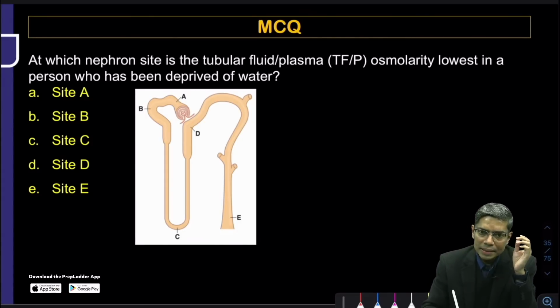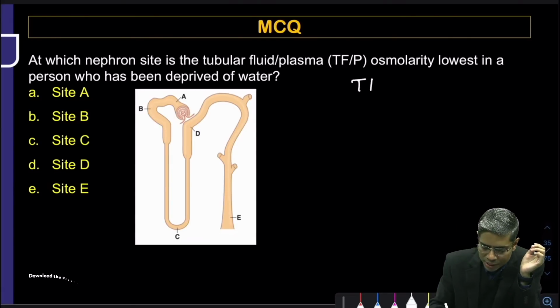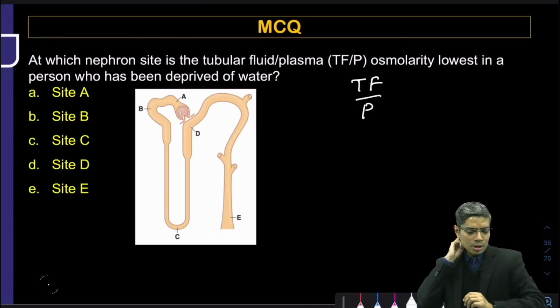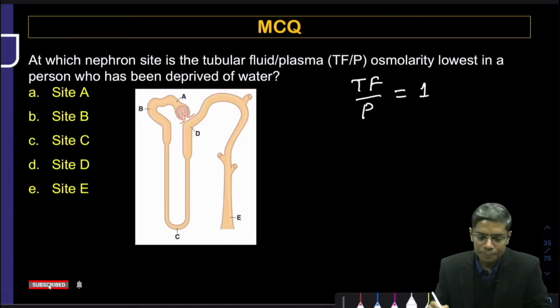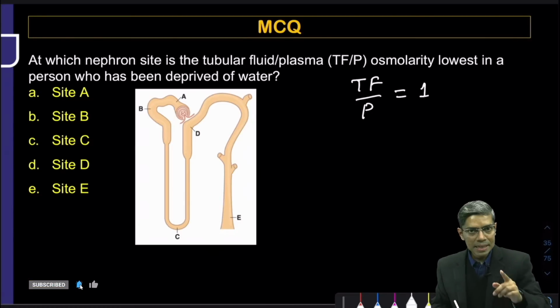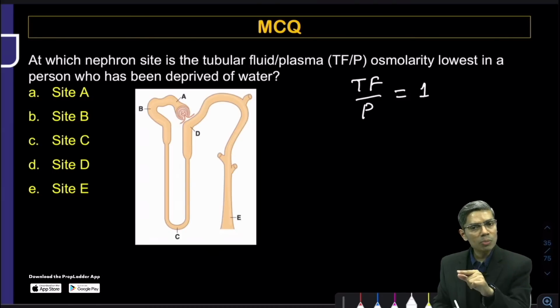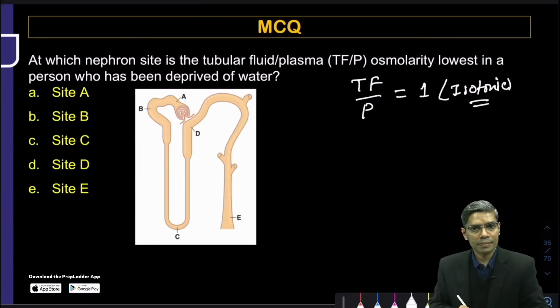So now in this question, what do you mean by tubular fluid to plasma concentration? If I say that this is 1, indicating the osmolality of the tubular fluid is equal to plasma osmolality, what kind of solution is this? Isotonic.